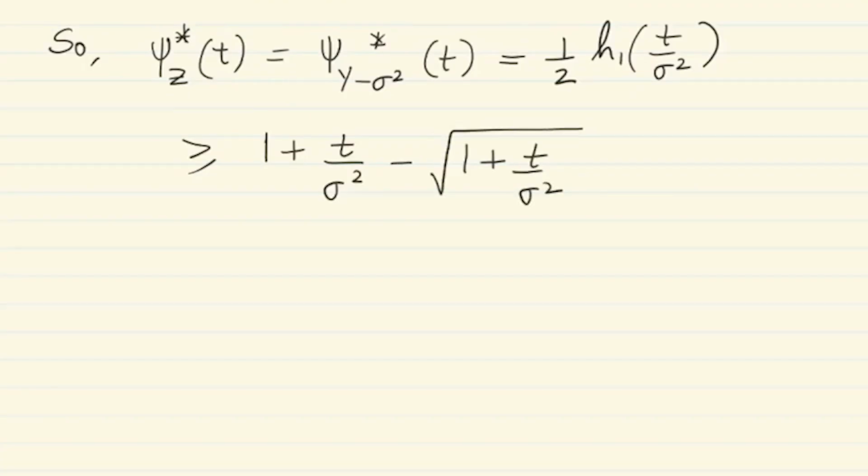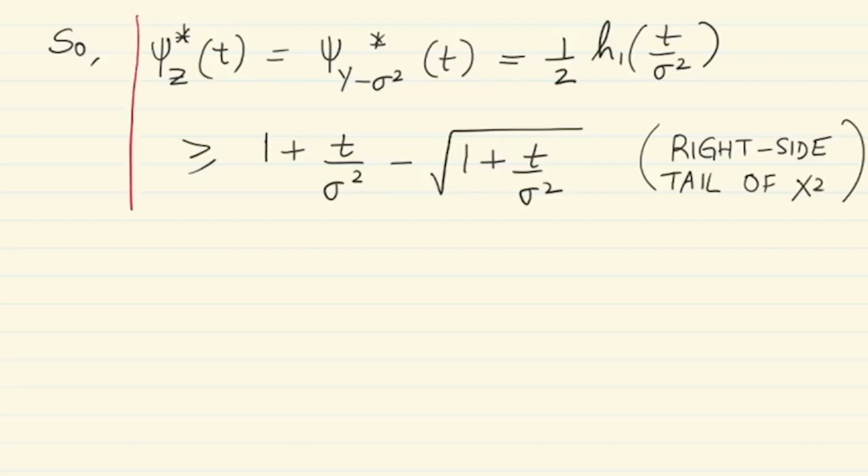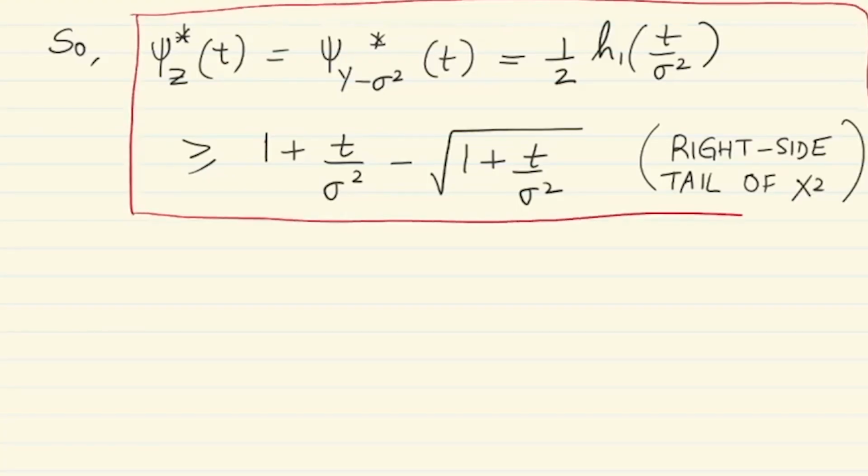Okay, so this is the right side tail bound for Y, or for chi-square really. Which gives you some insight about how this bound looks as a function of t. So it's essentially a linear function in t minus the square root of 1 plus a constant times t.